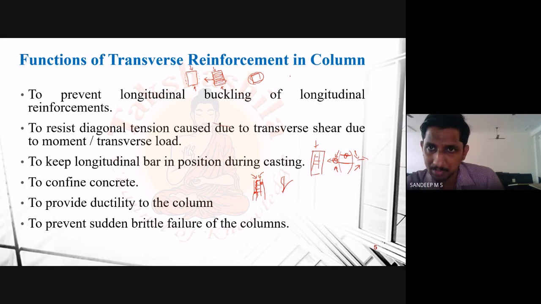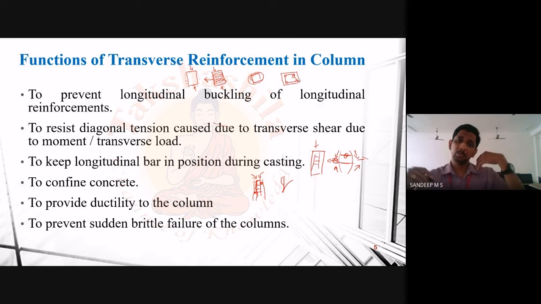Similarly, inside concrete columns also, see, this is the top view of a column. Basically, we will be having 4 longitudinal reinforcement bars, and to provide confinement so that we can reduce the buckling or make these things much more stable, what we do is provide ties like this.